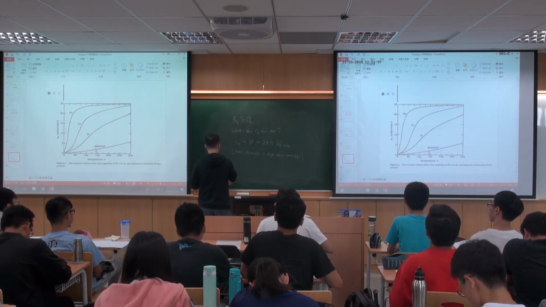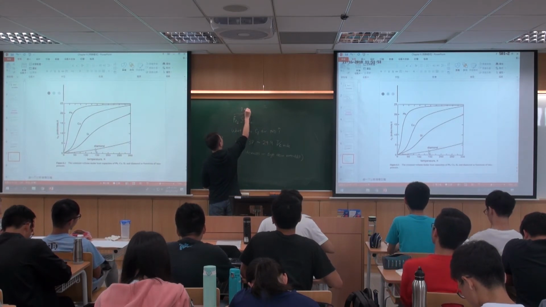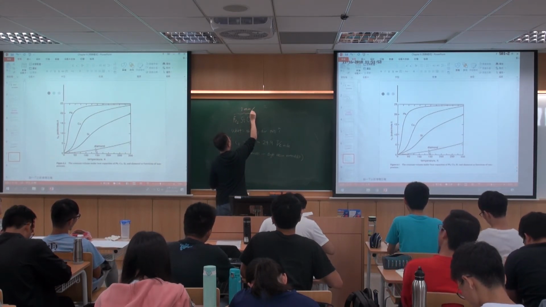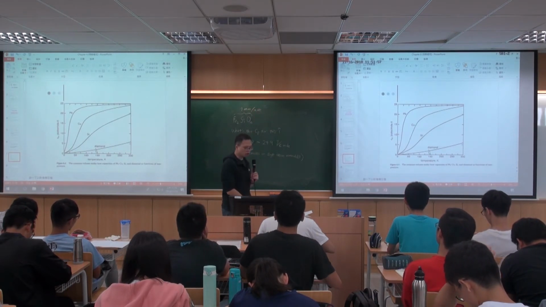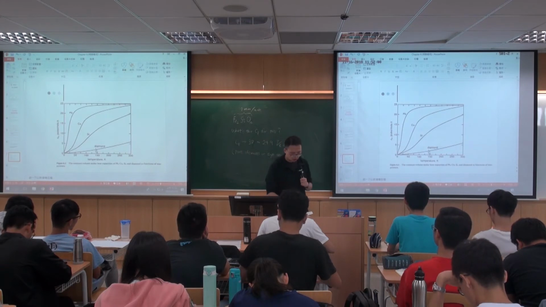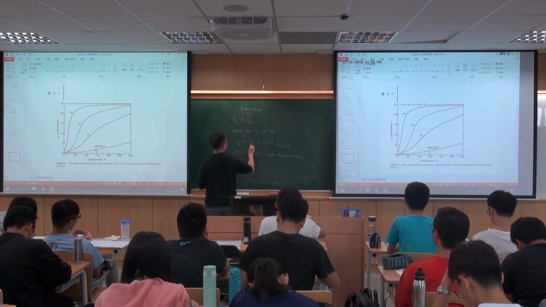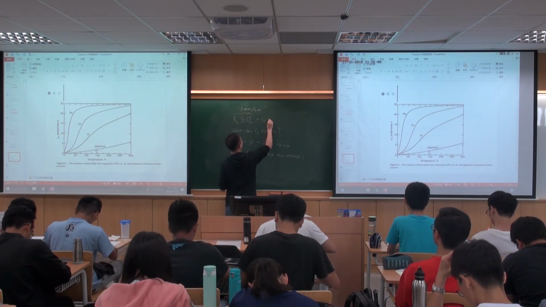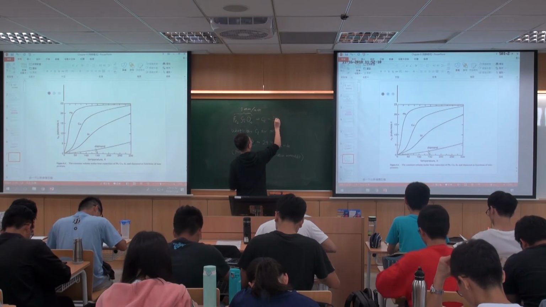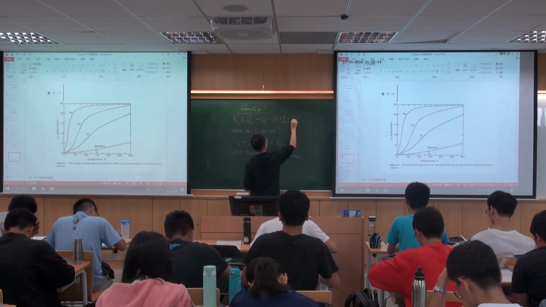So in total, we have 7 atoms per mole. So it means that, in this case, we have to multiply this number by 7. So this is close to 21R.